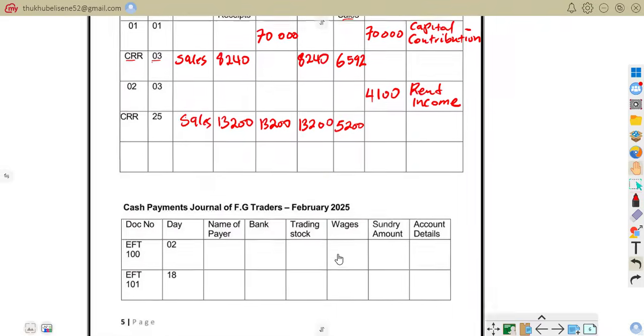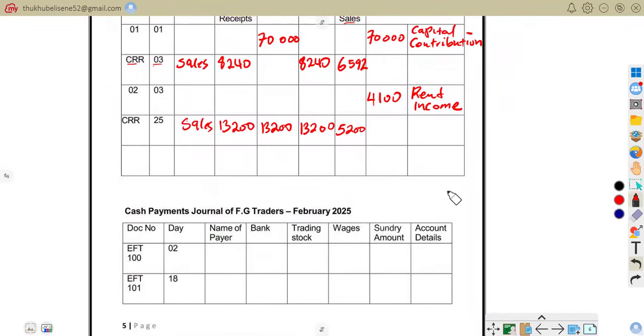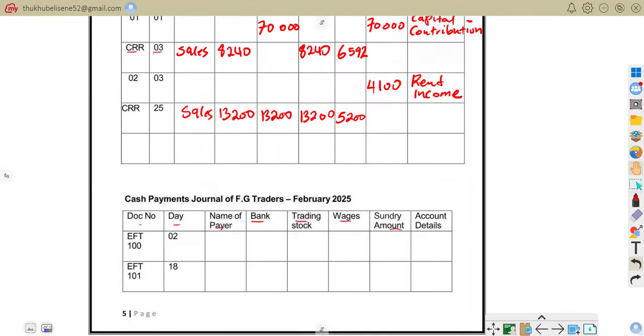Cash payment journal. So like cash receipt, we have document number, day, name of payer, bank, trading stock, wages, as well as sundry accounts. Those are our columns that you're going to use. So now, as we are under cash payments journal of FG Traders February 2025, I'm first going to go to the second transaction.